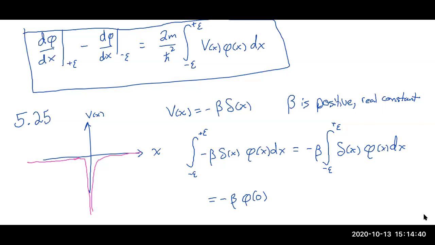So if we look at this point, v of x, here's x, and then here is the potential. I can think about having 2 regions, region 1 and region 2.